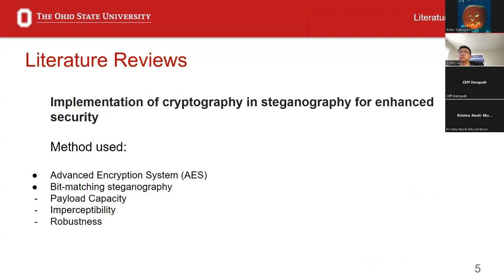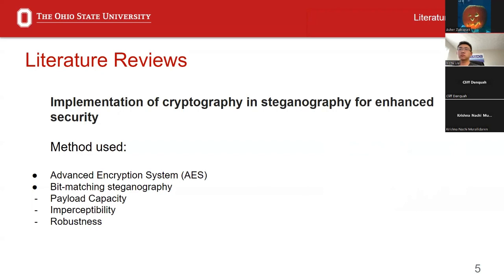This paper also shed light on three main features, although the methods were advanced encryption system and bit matching steganography. Under the bit matching, there were three features that they really highlighted: payload capacity, imperceptibility, and robustness. There are trade-offs in using these features.